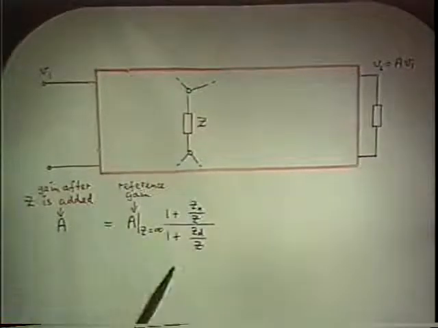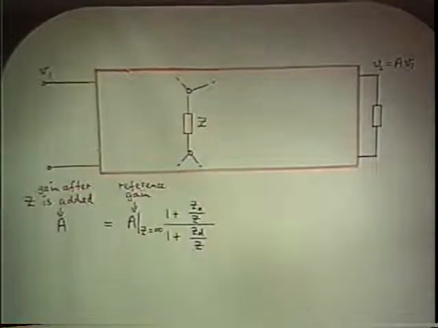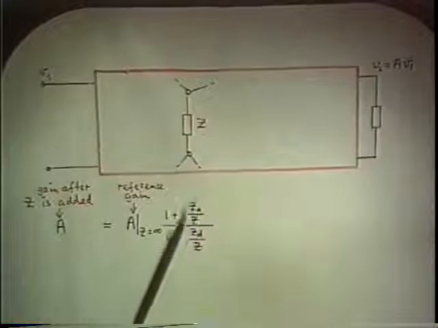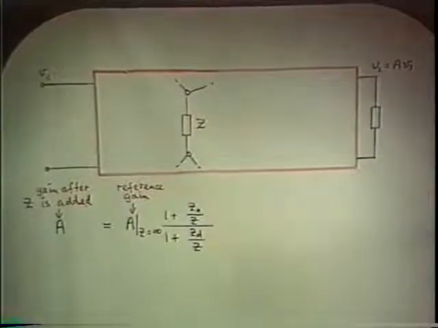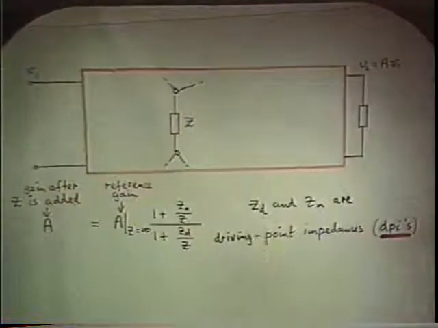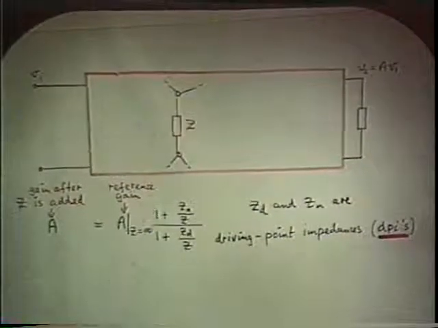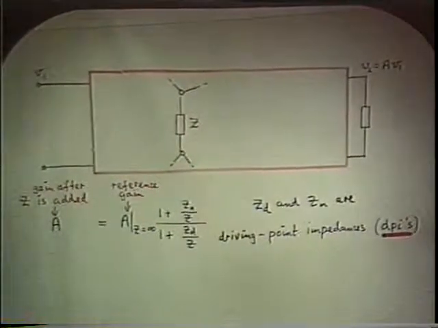The correction factor contains the element z you're going to add, obviously, and two other parameters, zd and zn. And again, I'm not deriving this, I'll just tell you what they are. The zd and the zn are driving point impedances, DPIs, calculated at the place where you want to add the extra element. Here's how you calculate them.